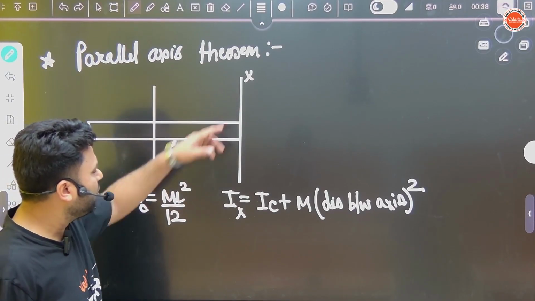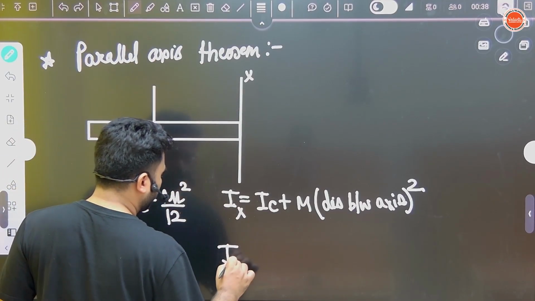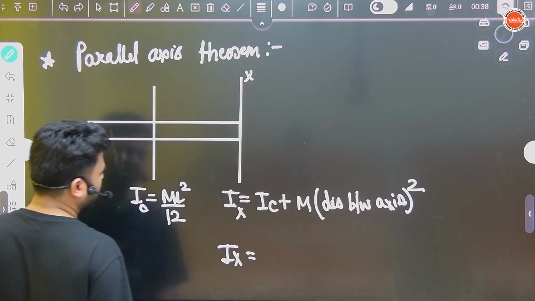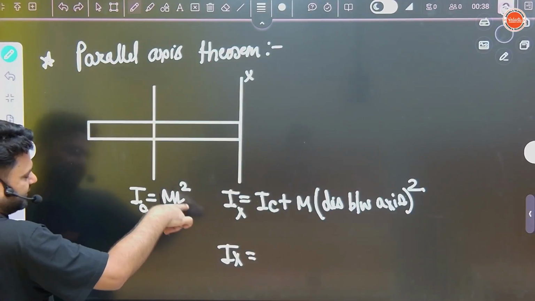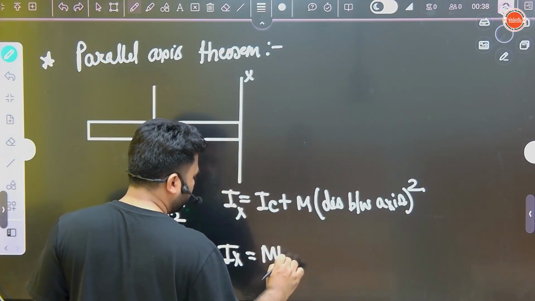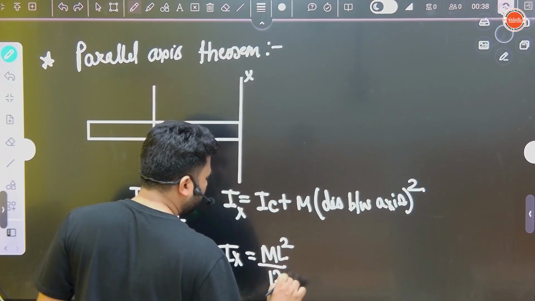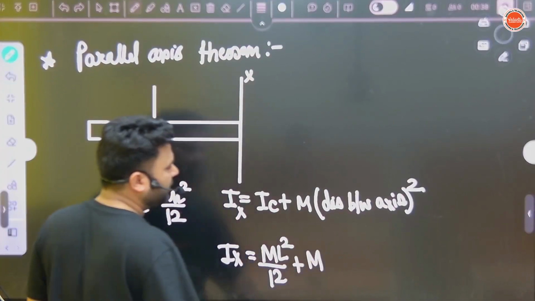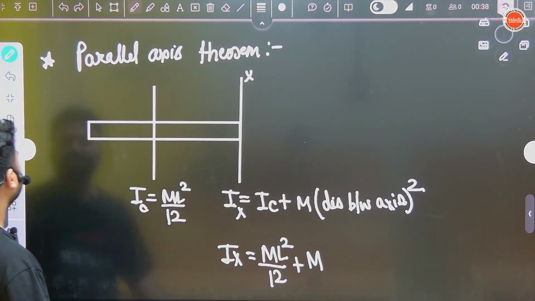Like let's calculate the moment of inertia about x. So the moment of inertia about x will be the moment of inertia about center, that is ml square by 12, plus mass into distance between axes.